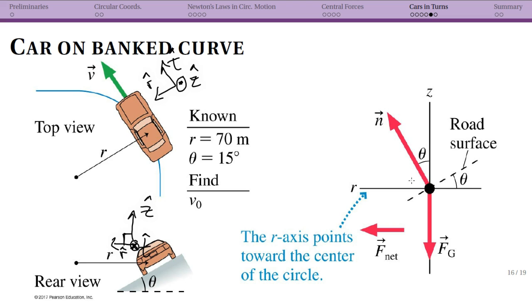So you can use this to say that it is not accelerating in the z direction, it's staying in the same place on the curve, and so the z components of your normal force and your gravitational force cancel out so that you have a net force in the z direction of 0, but your net force in the radial component comes from your radial component of the normal force.